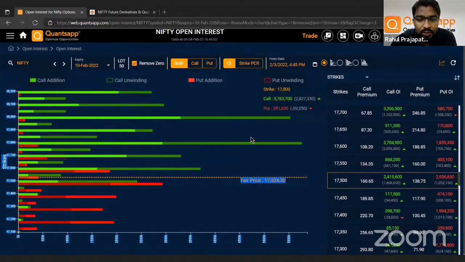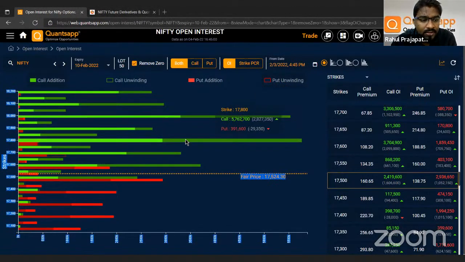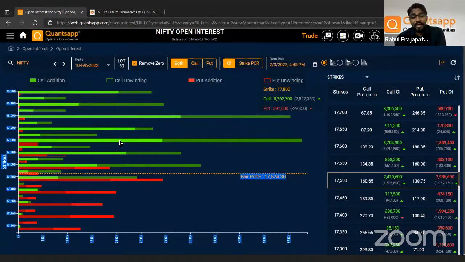Now, how to read it further if we want to see? So if we go in this particular strike price, तो यहाँ पर अगर आप देखोगे तो okay, 17,800 call option has 57 lakh 62,700 as the total quantity. And if you see in the bracket, there is a 28 lakh quantity that has been added.